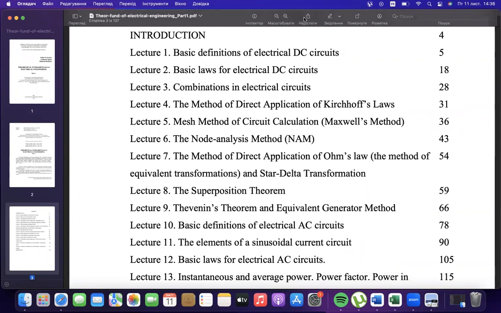Generally, everything that we have is some blocks for building mathematical models, some simple ideas. Then when we take some task, some challenge on a real object, we just combine these ideas into the whole model for engineering calculation.